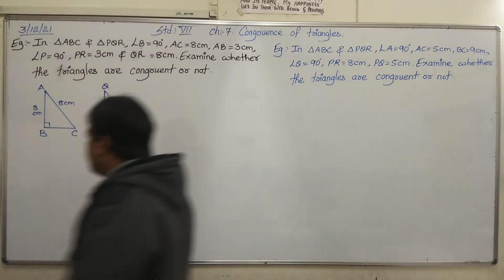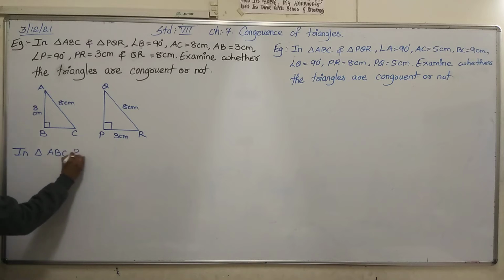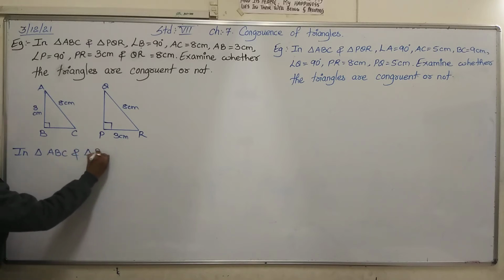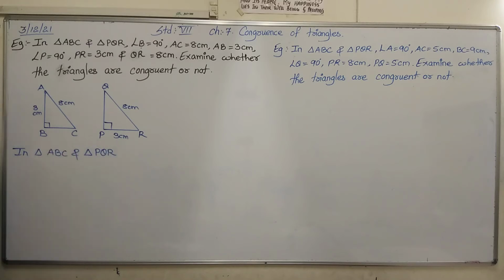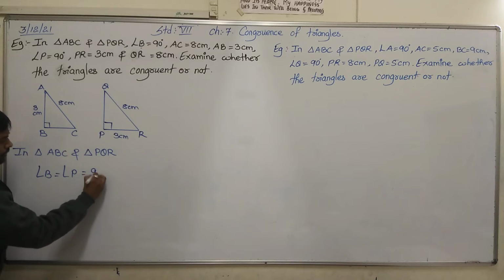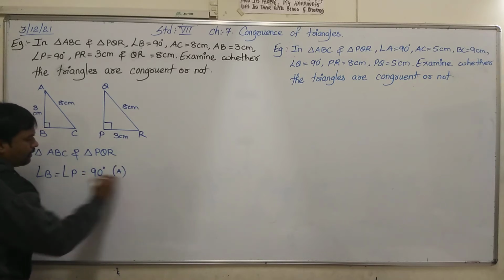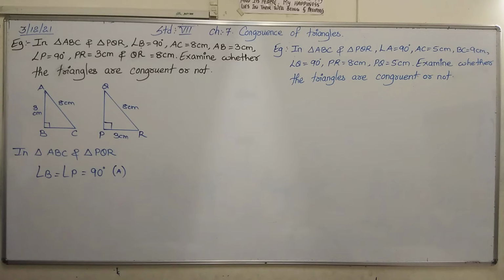Right? Same. So in triangle ABC and triangle PQR, angle B is the same as angle P, which is equal to 90 degree. Right? What is that? Right angle. Very good.